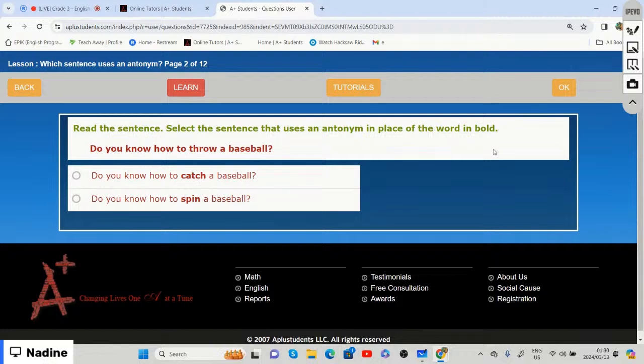So yeah, we need to look at the opposite meaning, right? It says, do you know how to catch a baseball? So we need to find the opposite of the word, for example, throw. And yes, catch is correct.